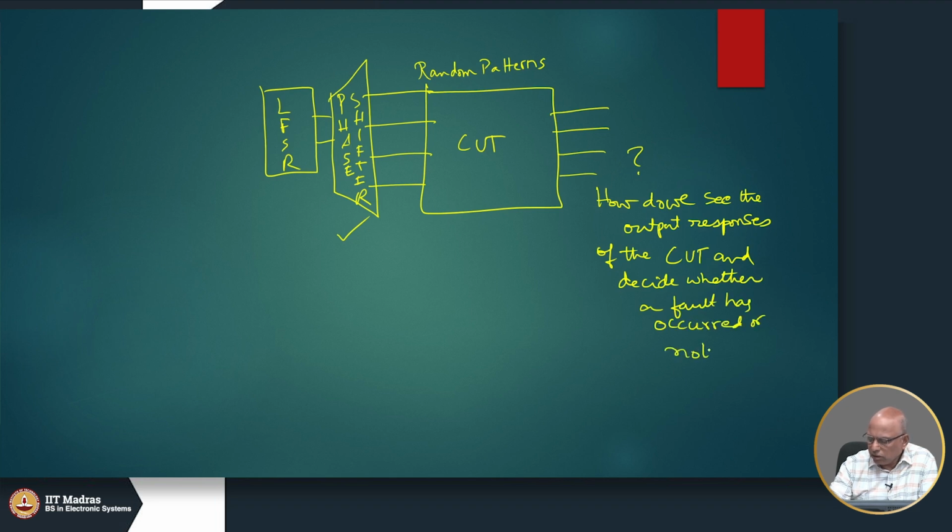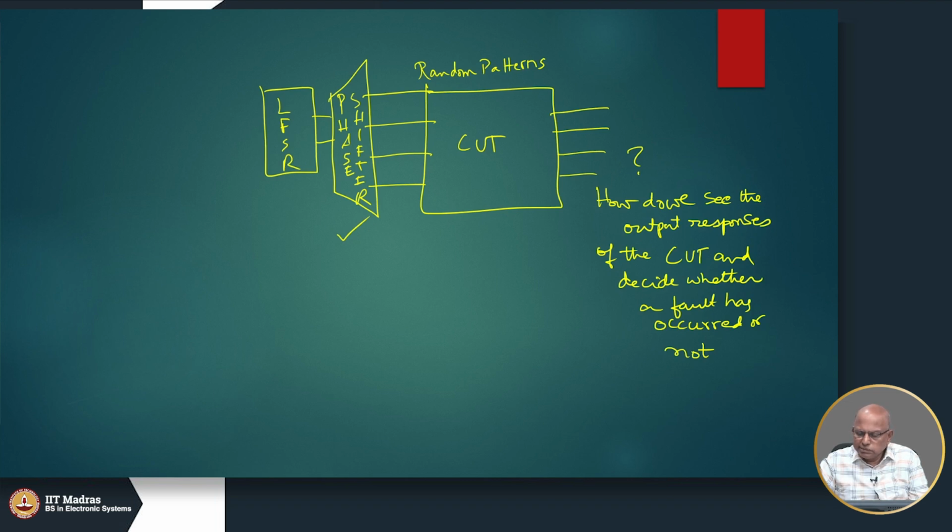We really cannot afford to look at how a good circuit under test will respond to these random patterns, store the random responses and then compare. That is not possible. It beats the purpose. So, we need a clever way.